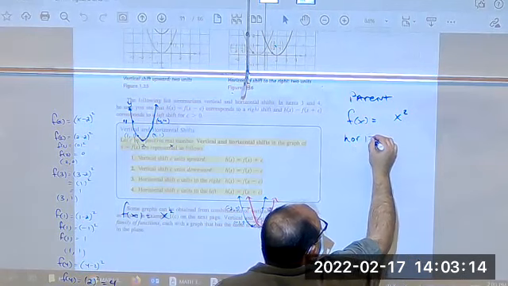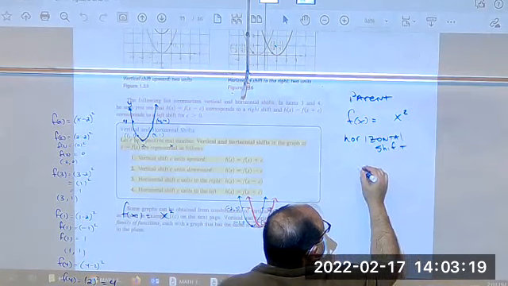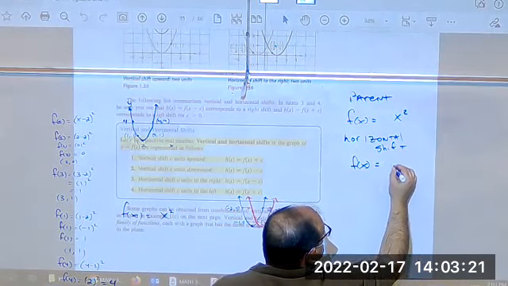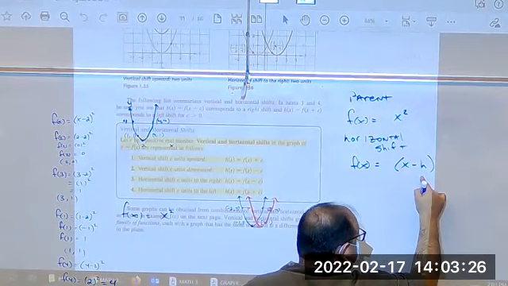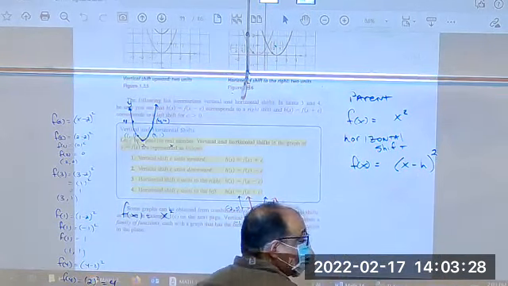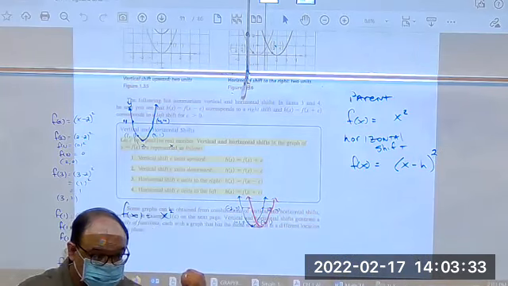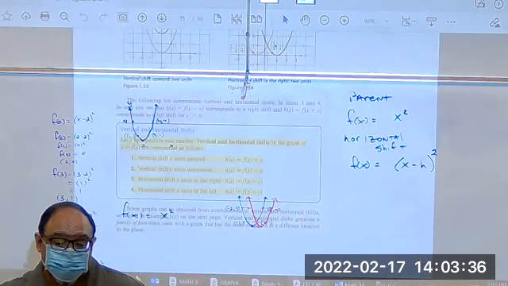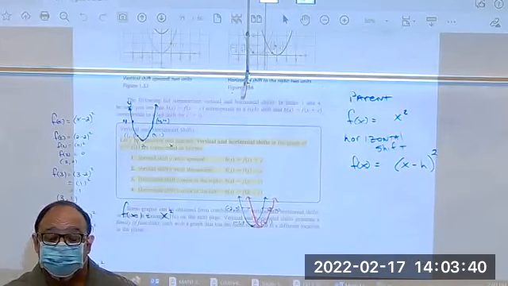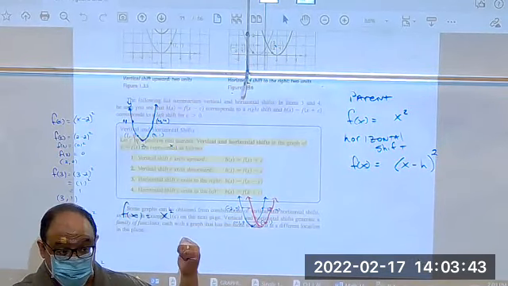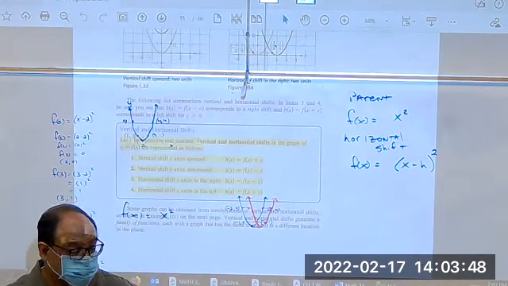The horizontal shift looks like this. f of x is equal to parentheses x minus, and I call it h, squared. Inside that parentheses, that negative will always be there. Just like when you do slope, it's always y2 minus y1. That's always x minus h. So when you need to figure out what the shift is, it's the opposite sign. H for opposite. H for opposite.